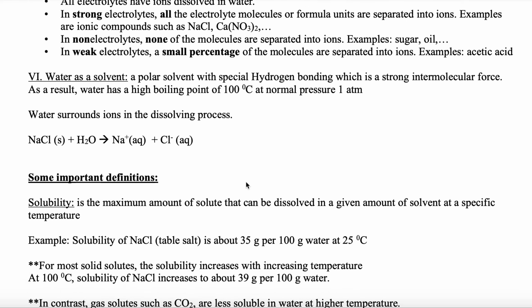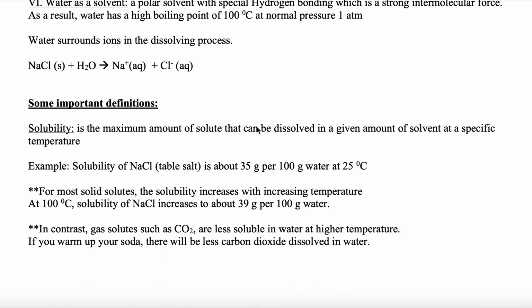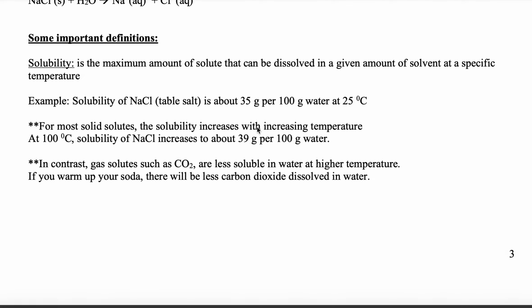Okay, and a couple other little concepts here and there. Water is a good solvent because it has special hydrogen bonding that interacts with the solute to make the solute soluble in water. And one last thing, it's about solubility.